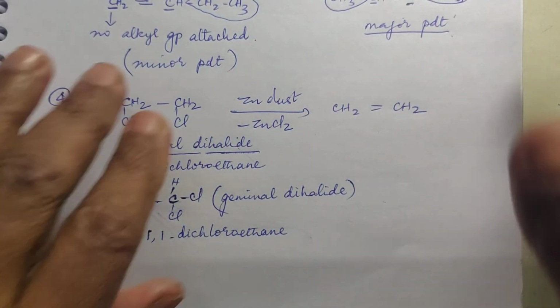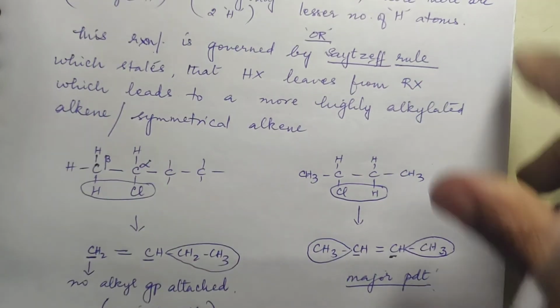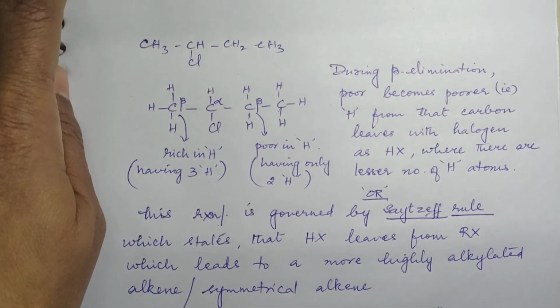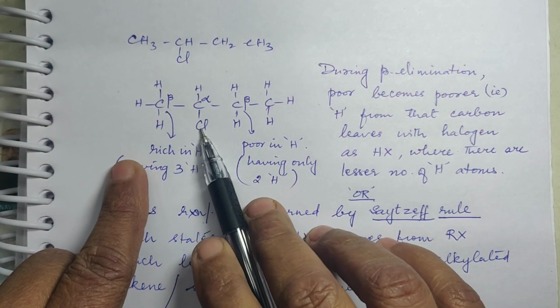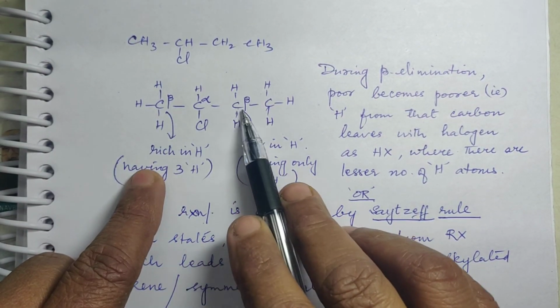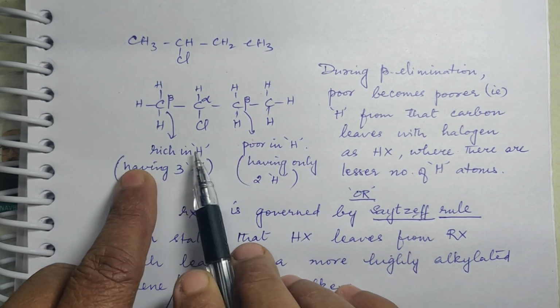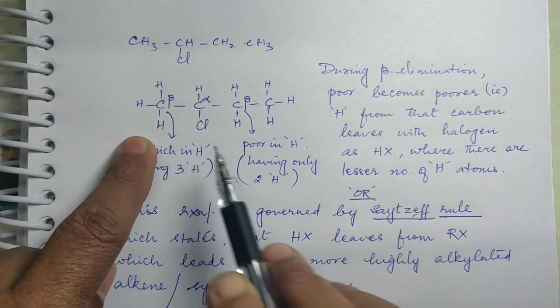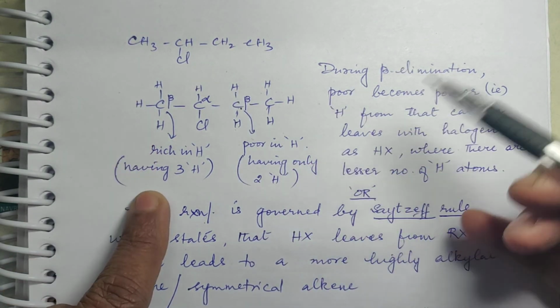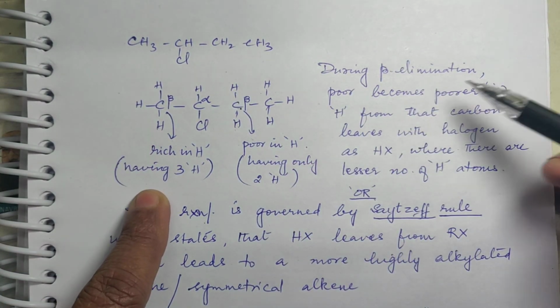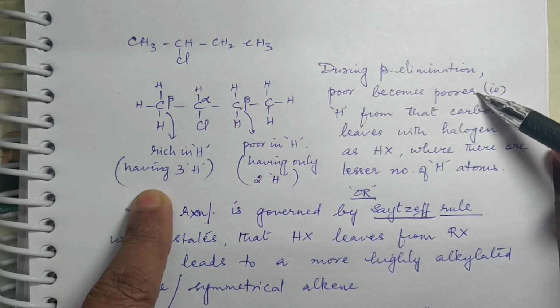Now this is what I have explained. This is alpha, this carbon is beta, this carbon is also beta. This is rich in hydrogen because it's having 3 hydrogen. This is poor in hydrogen because it's having only 2 hydrogen. Okay. Now during beta elimination what happens? Poor becomes poorer.